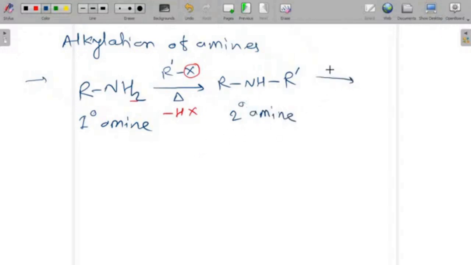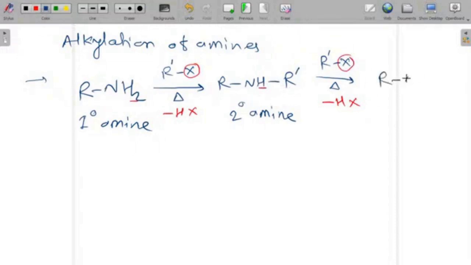Now further reaction is there for this RX, on heating again it gives minus HX as a byproduct, because this is the X and one hydrogen atom from the nitrogen.